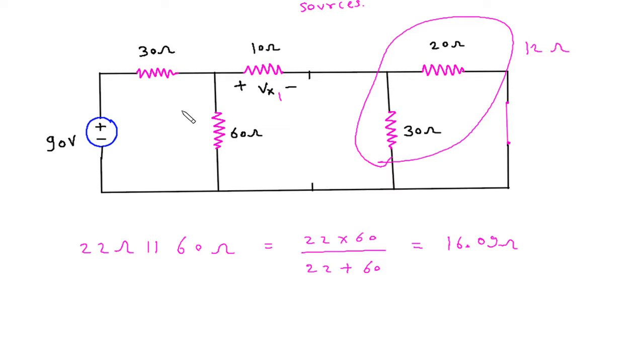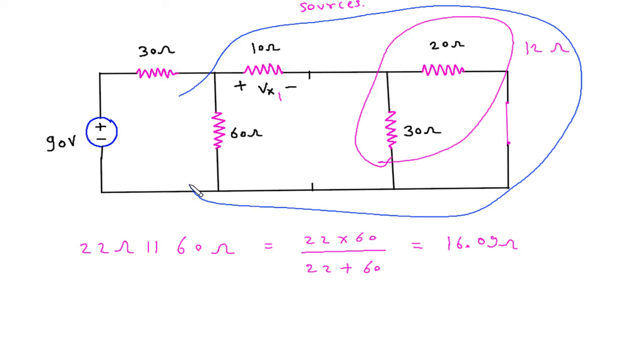This is 16.09 ohm. Now here we will apply the voltage division rule. Let's say the voltage across this 16.09 ohm is V 16.09 ohm. So this is equal to this voltage, which is 90, into this resistance, which is 16.09, by the total.